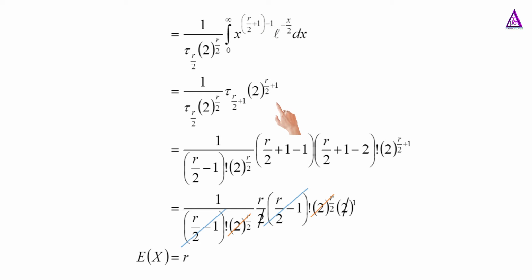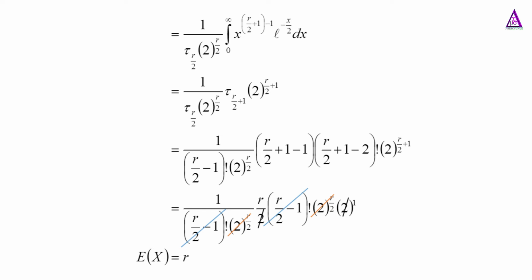So in the next equation, everything inside the integral, x raised to power r divided by 2 plus 1 minus 1, exponential raised to power negative x divided by 2 dx, gives us gamma of r divided by 2 plus 1, into the bracket 2 raised to power r divided by 2 plus 1.